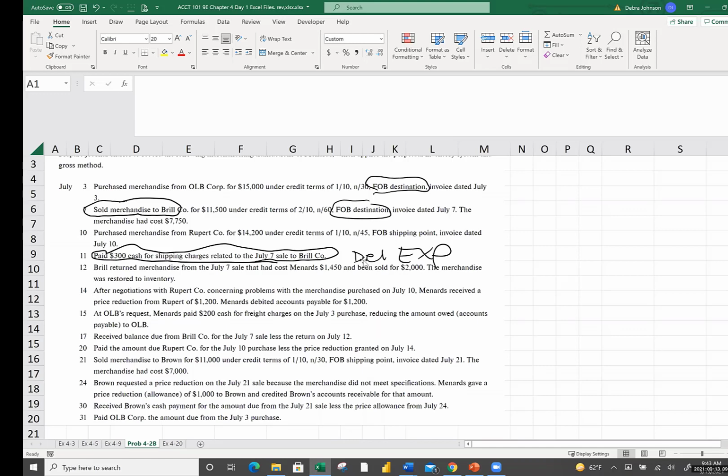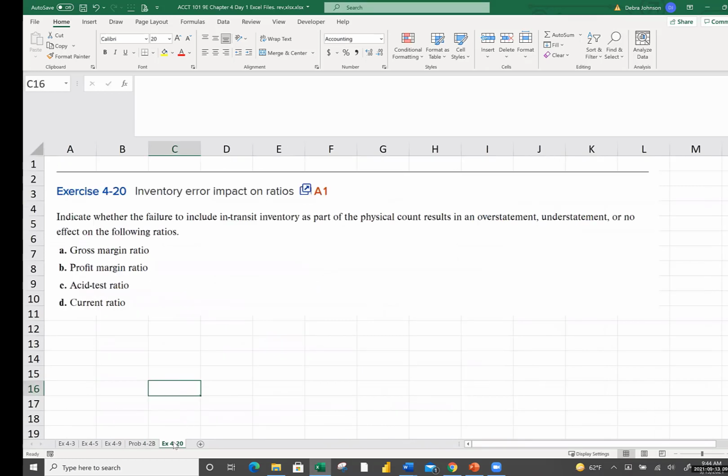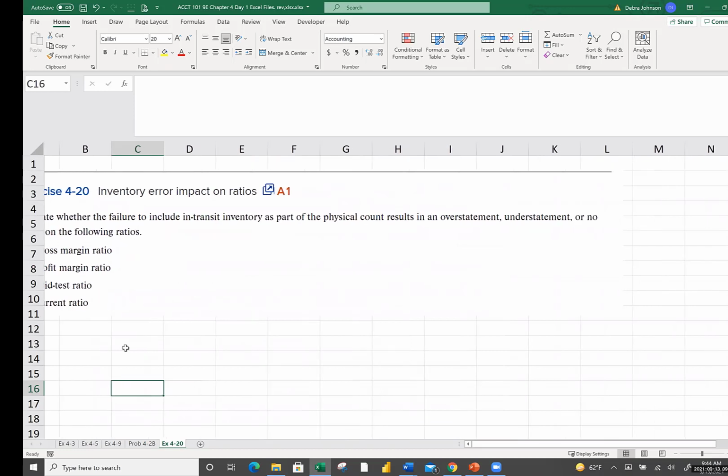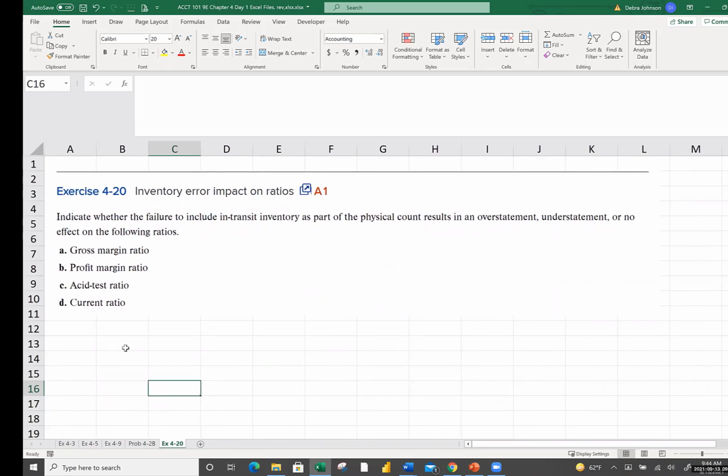You're welcome. Anybody else see anything in there that we haven't talked about that you'd like to see demonstrated? Okay, then let's go to this last one because it involves some ratios. And let's go over these ratios.